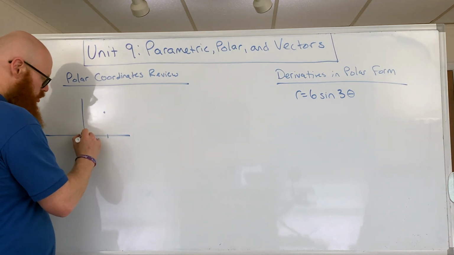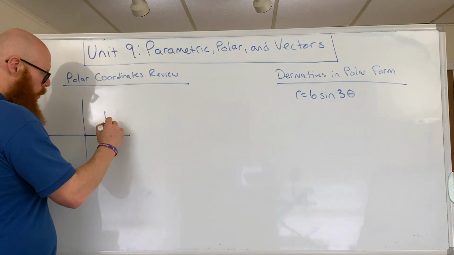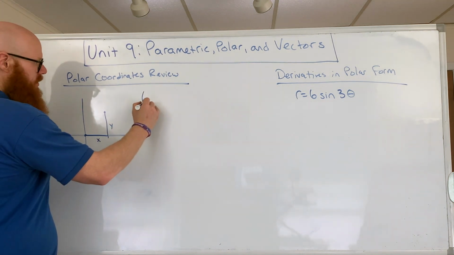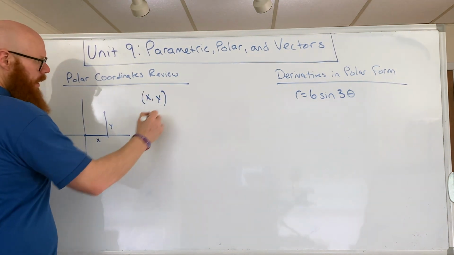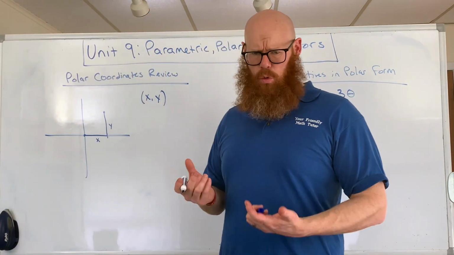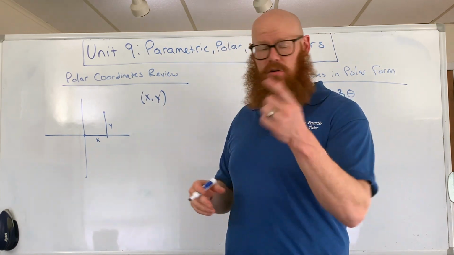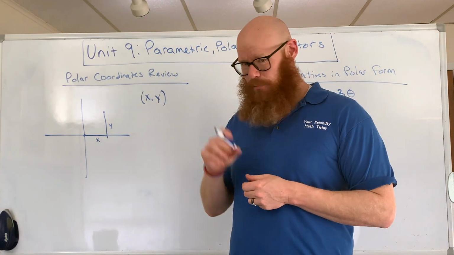So basically, if you start at the origin and you go over x and up y, that'll get you to some point that we call (x, y). All right, so that is how rectangular coordinates work. You've been working with that system for many years now. You're just going left, right, up, down to get to any point.